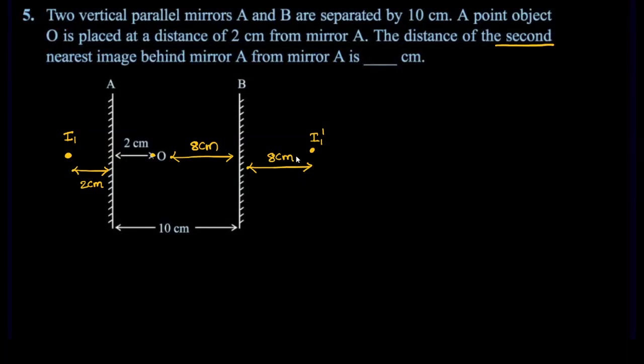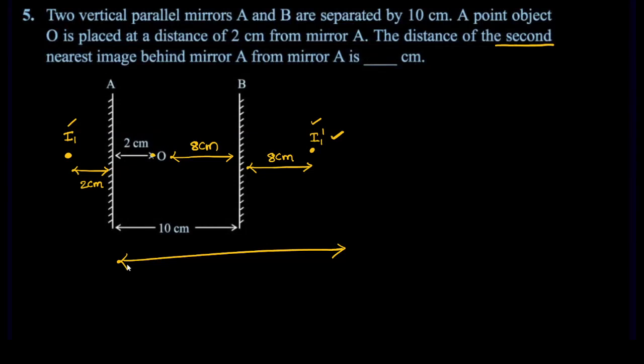So this is the first image of A and this is the first image of B. Now they're asking for the second image of A. The first image of B will behave like an object for mirror A. How much is the distance from mirror A to this first image of B? 18 centimeters.